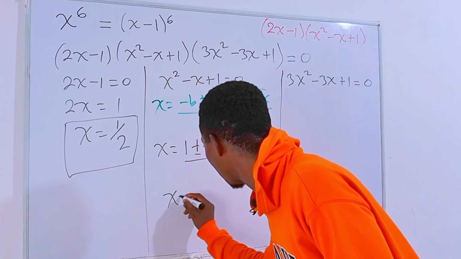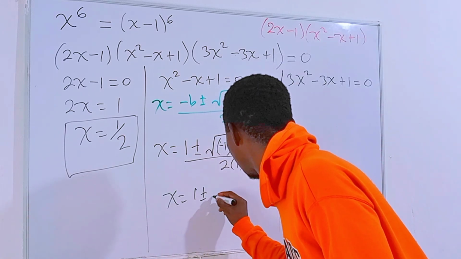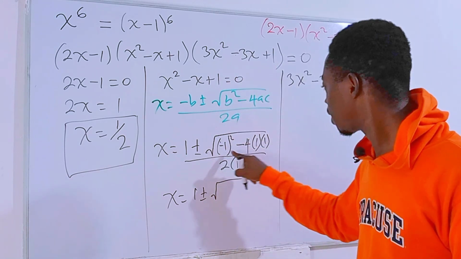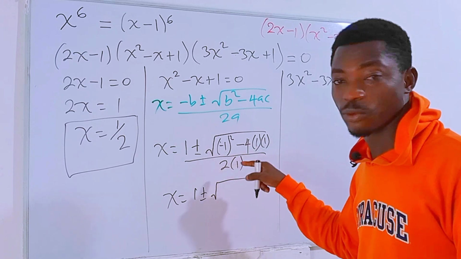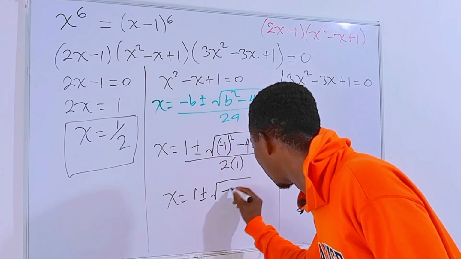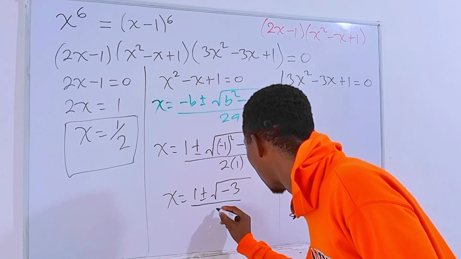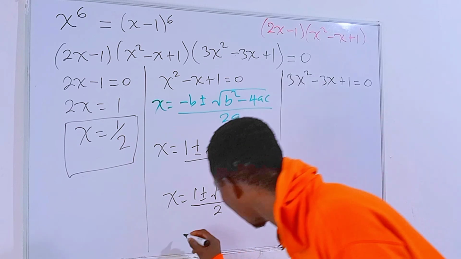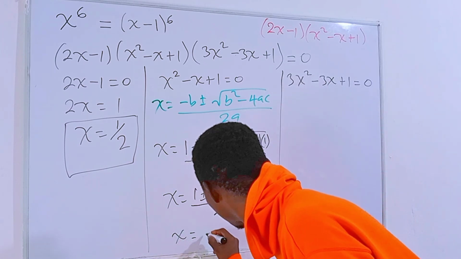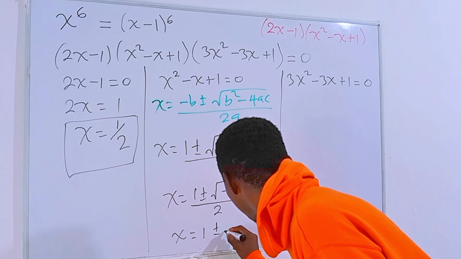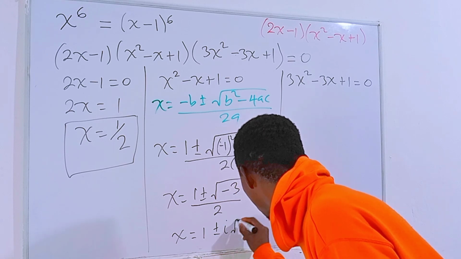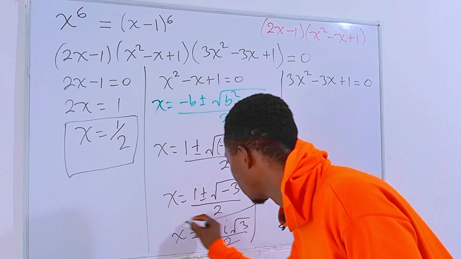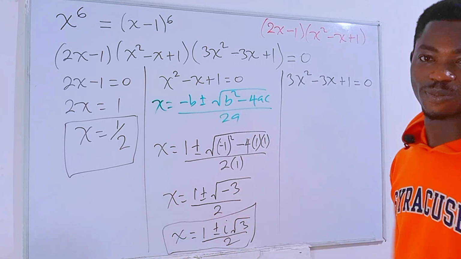So we will have x is equal to 1 plus or minus square root of negative 1 squared, that is positive 1, negative 4 times 1 times 1, negative 4 plus this one, making negative 3, then all divided by 2. In fact, we can finish this as x is equal to 1 plus or minus i square root of 3 divided by 2. And this is it. Cool.